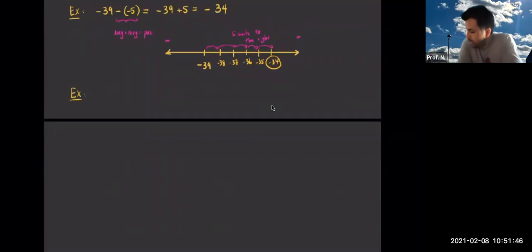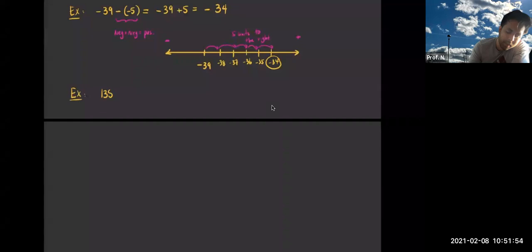So I'm glad that we understand this for the most part. What if I have something like this, 135 divided by -5? What if I have a positive number divided by a negative number?